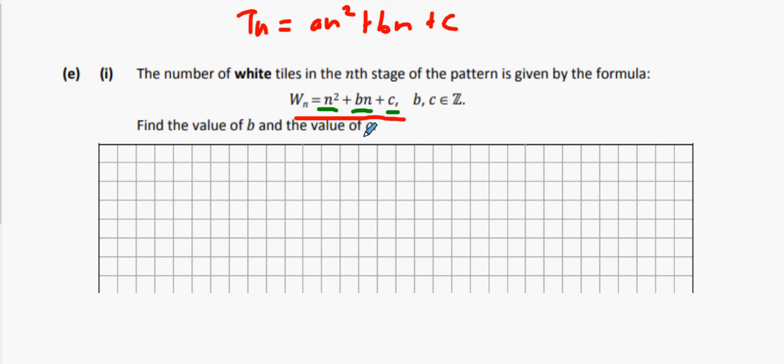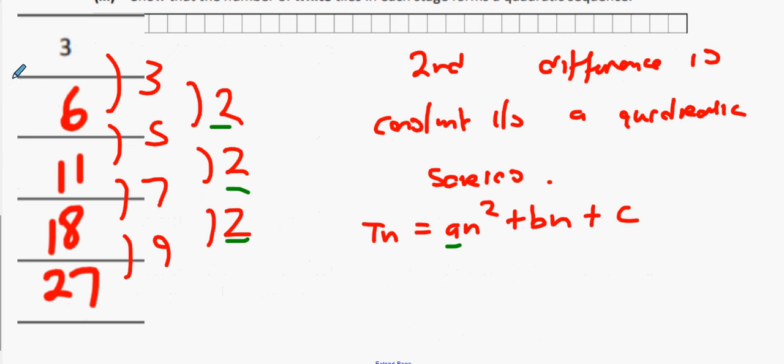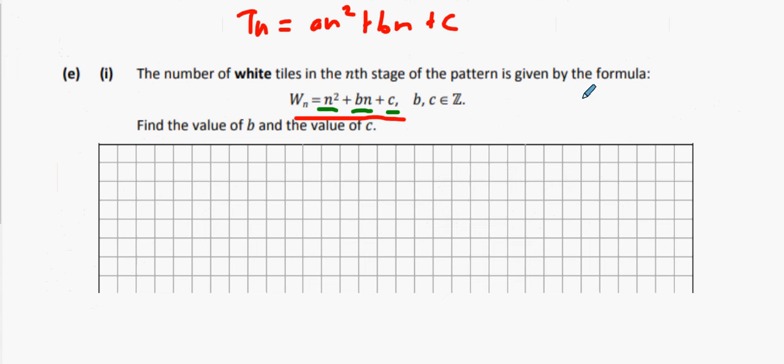Now, what's W1? How many white patterns in the first sequence? W1 is 3 and W2 is 6. W1 equals 3, W2 equals 6. Okay, what we're going to do here, guys? Let me remember.